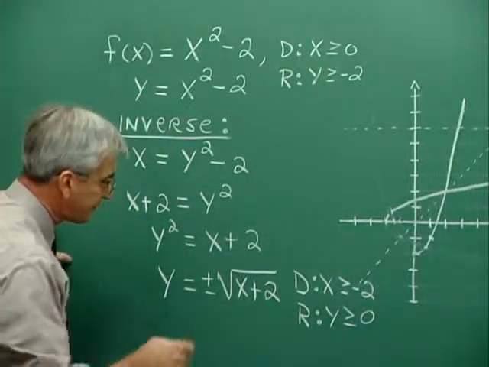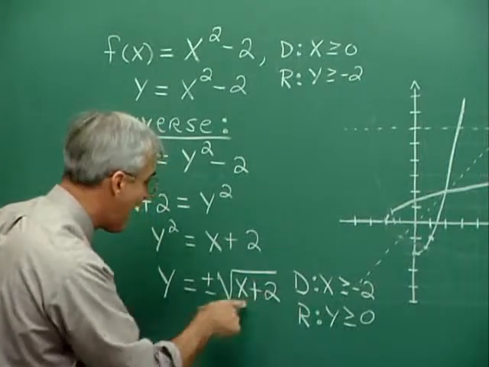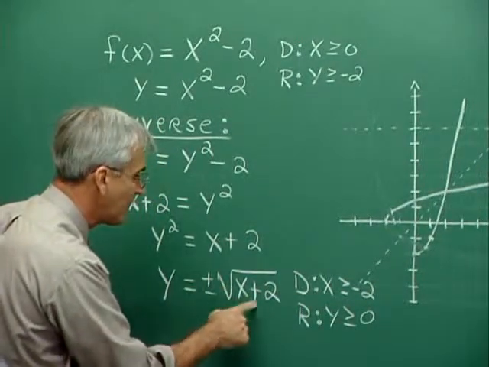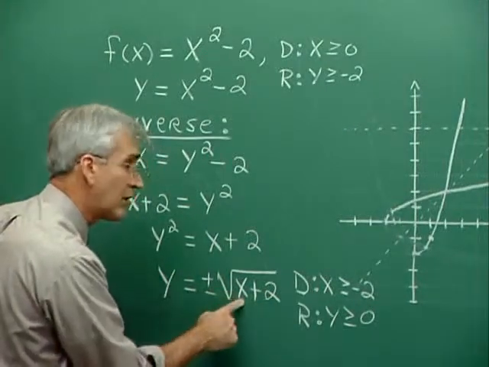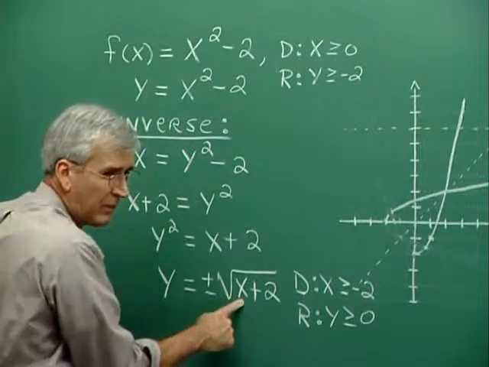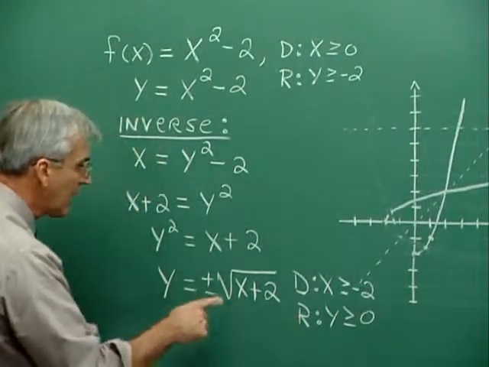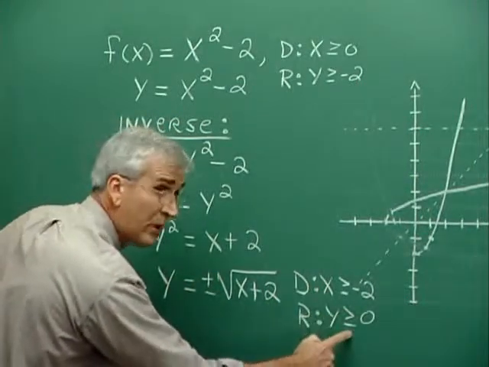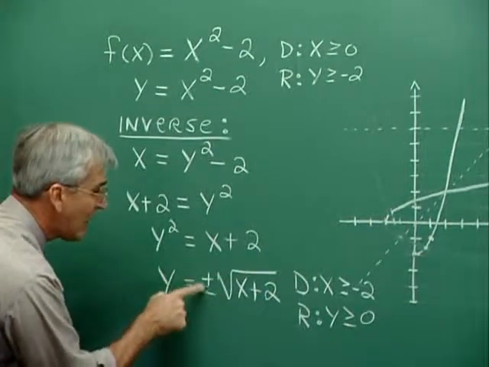All right, how does that affect this situation? Well, the domain is greater than or equal to -2. We kind of know that from the nature of the radical here. If we have the square root of x plus 2, then the only values of x that make any sense are values of x that are greater than or equal to -2. So that was kind of predetermined. The range, though, is a little bit different. Now, this says that the range needs to be y values greater than or equal to 0, but for these to be greater than or equal to 0, we would have to take out this plus or minus.